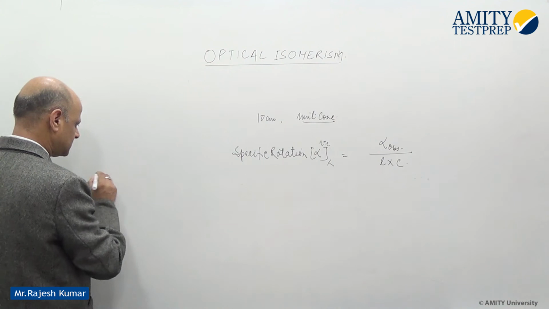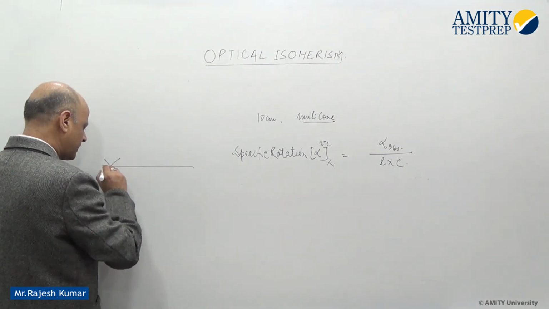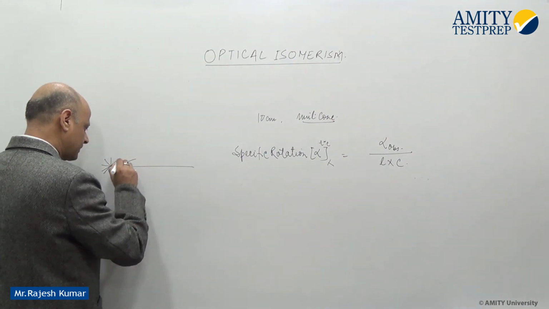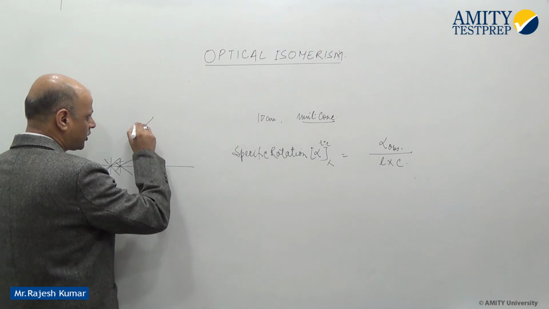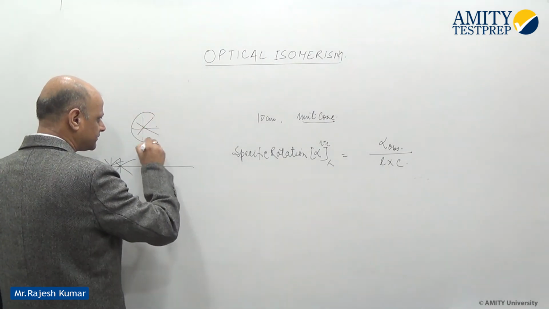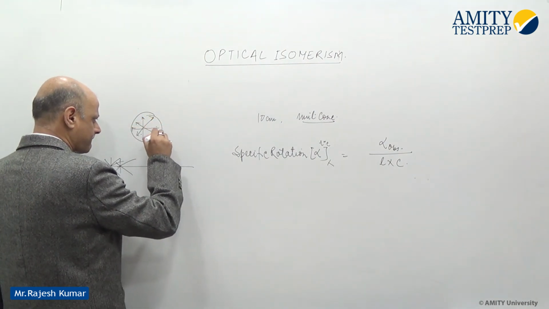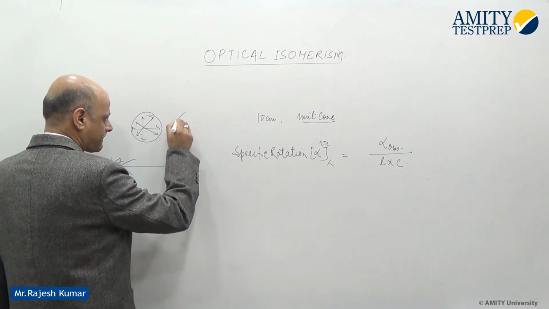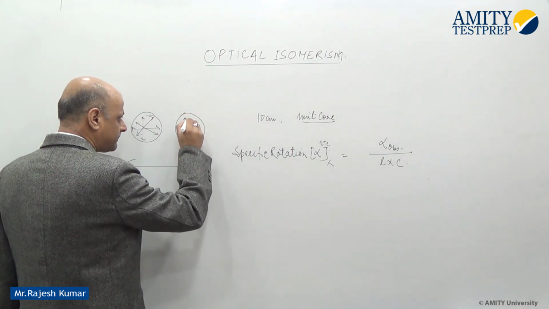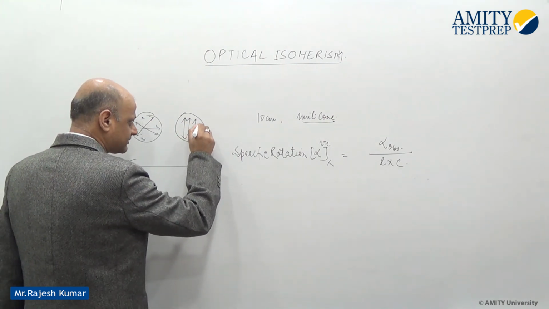Normal light, like this one, is going to travel in a direction and propagate in all directions here, here, here. So this is the propagation of normal light. But polarized light propagates in only one direction.